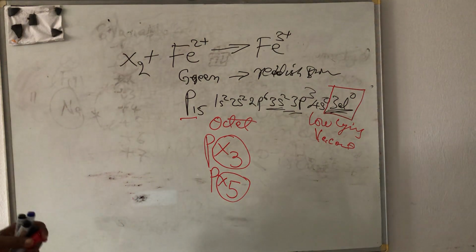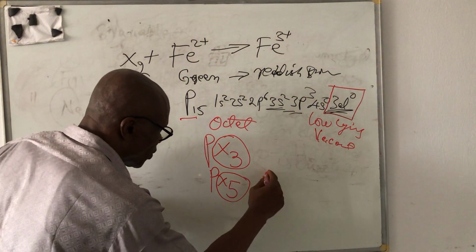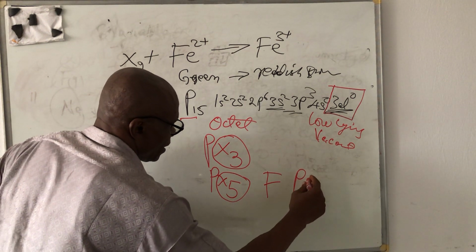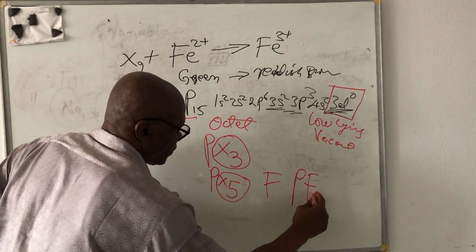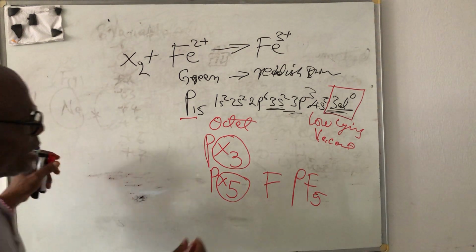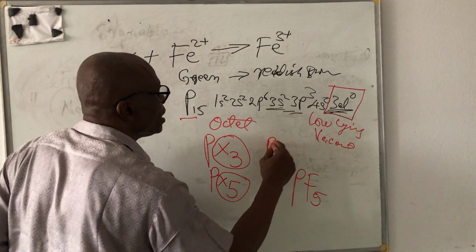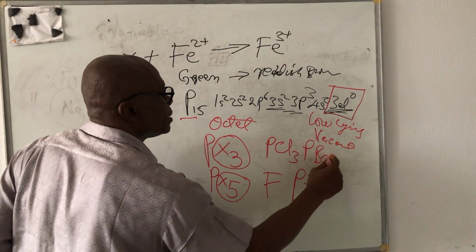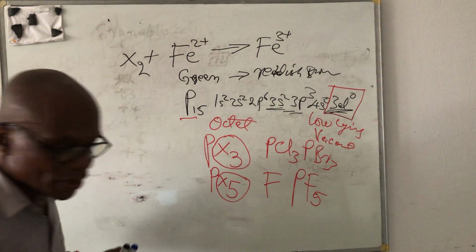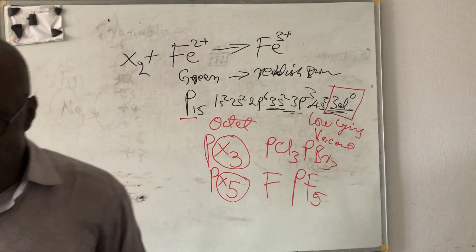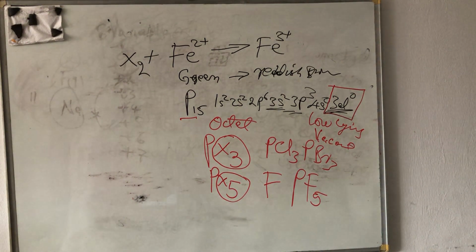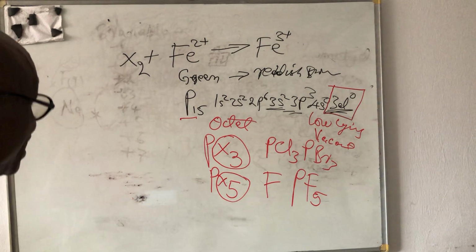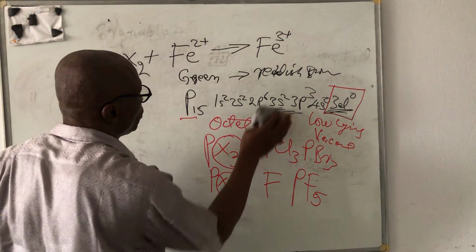And we realize that fluorine will be the best here, PF5, while here will be mostly PCl3 or PBr3, as the case may be. Furthermore, it is also possible for the halogens to react with water. Reaction with water.